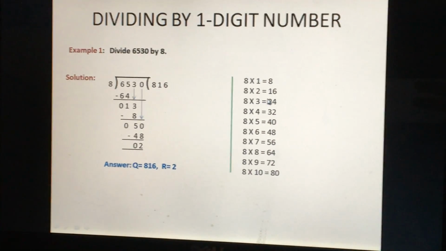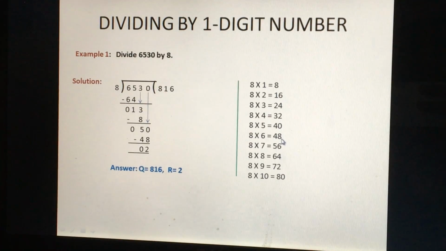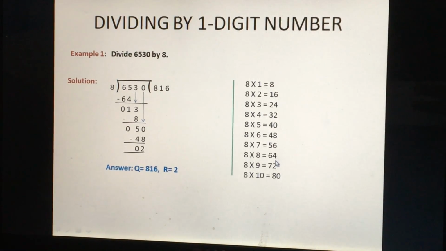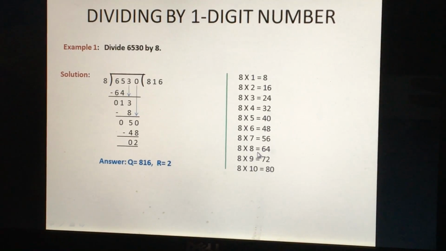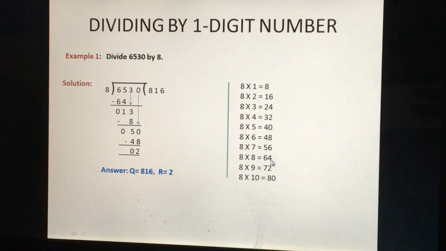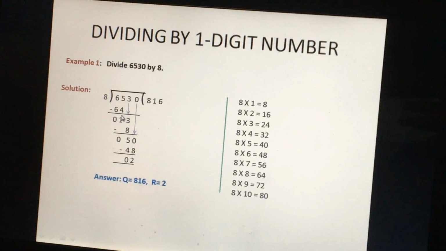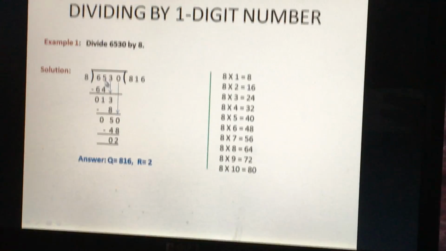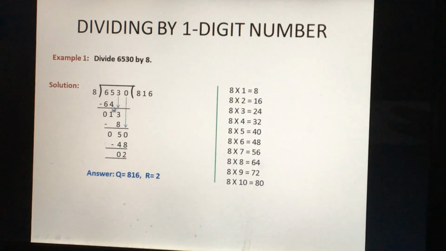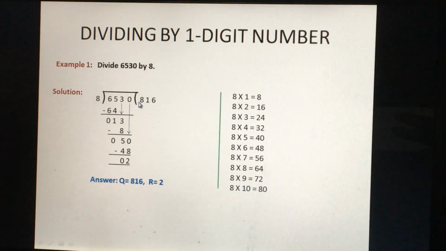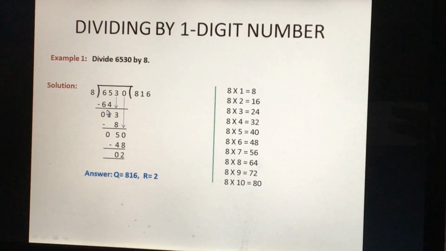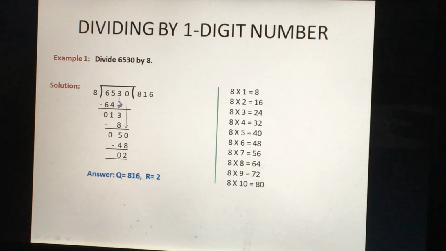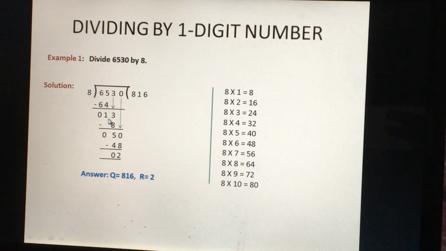Which number is that? 64. We have 8 8s are 64. So first we write 8 here, because 8 8s are 64, and subtract 64 from 65. We get 1.